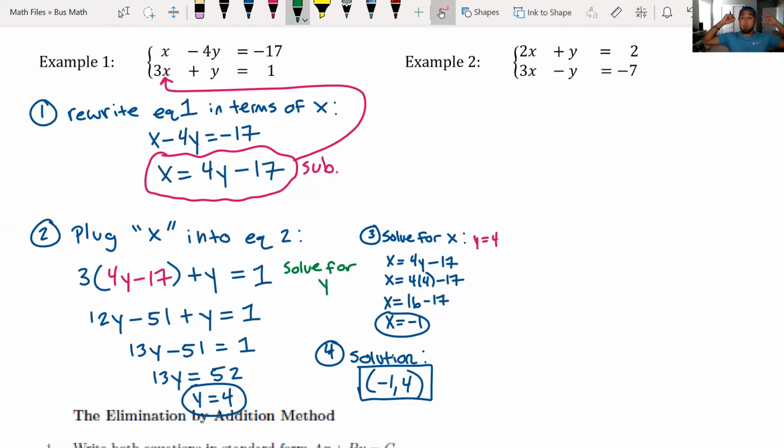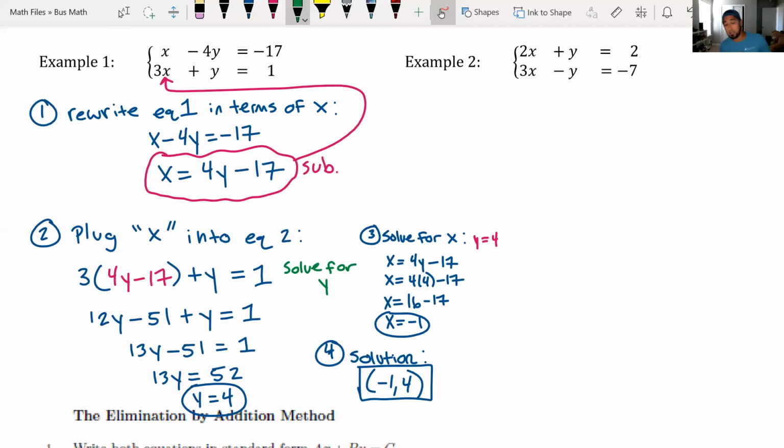Like I said, there's no wrong way about it. It's whatever you choose. The one thing you shouldn't do, though, is plug equation 1 into equation 1. That'll get us nowhere. That'll just get a 0 or something like that. We don't want that. So equation 1 must be plugged into equation 2, or the other way around. Equation 2 plugged into equation 1. There you go.